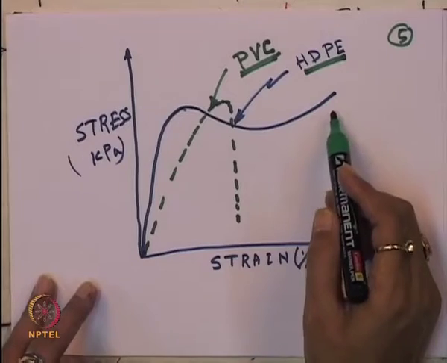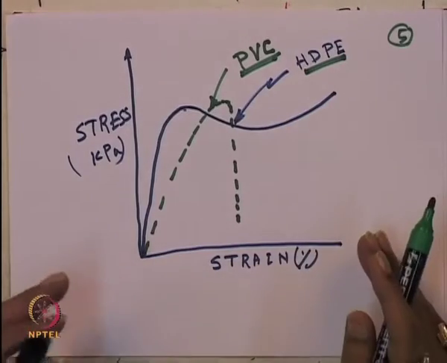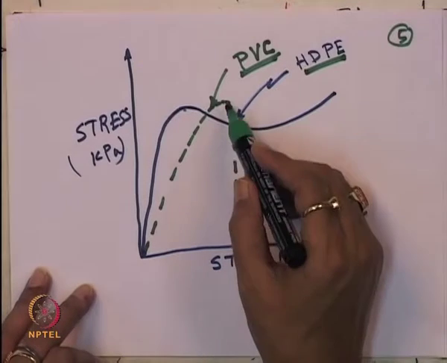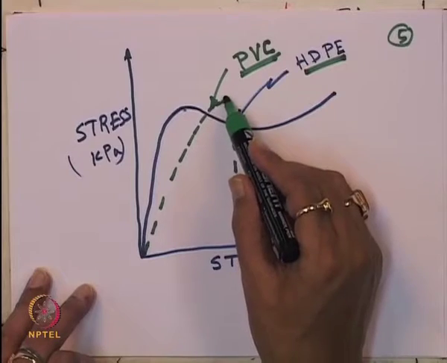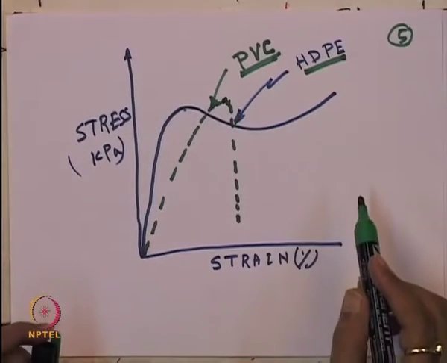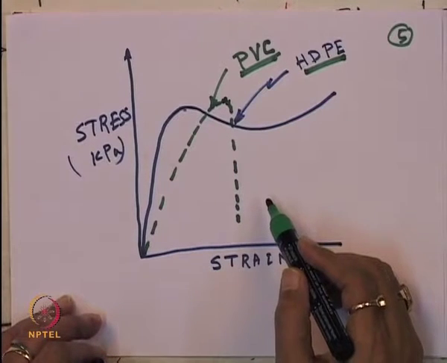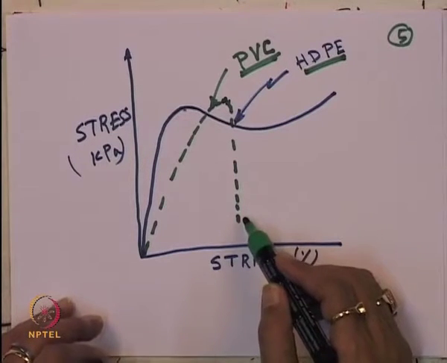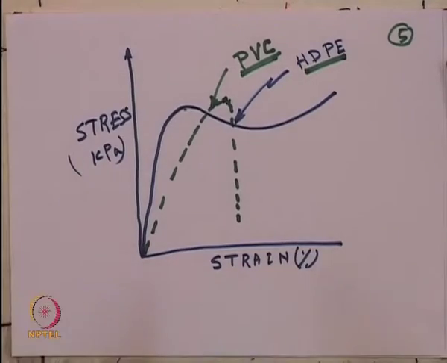So, there is no failure; in most cases you can observe no failure at high strain values. On the other hand, if you use PVC, it may suddenly break. It may give a high stress value, but strain is limited. So you have to be very careful about when you want to use HDPE material and when you want to use PVC material.